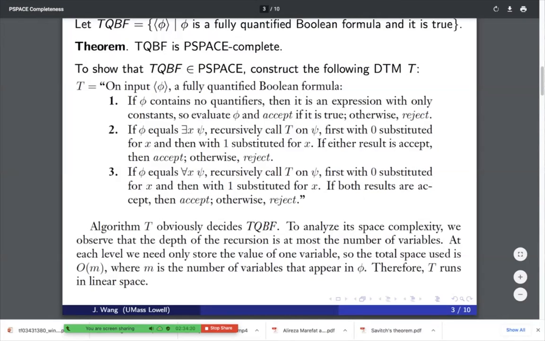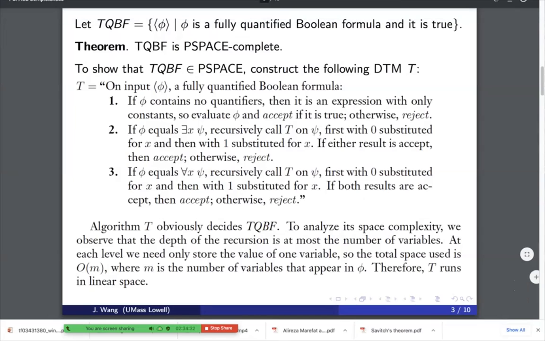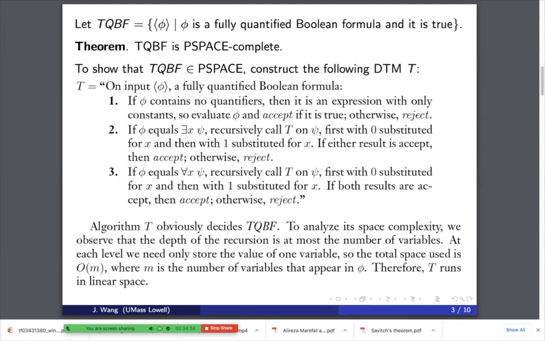So for this purpose, we want to construct a deterministic Turing machine T to accept this. So for any formula as input, this is a fully quantified Boolean formula, which is an instance of TQBF. Of course, we don't know whether it's true or false.